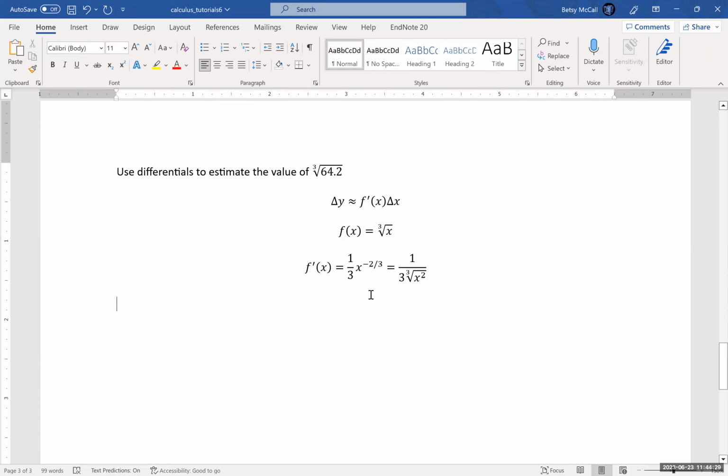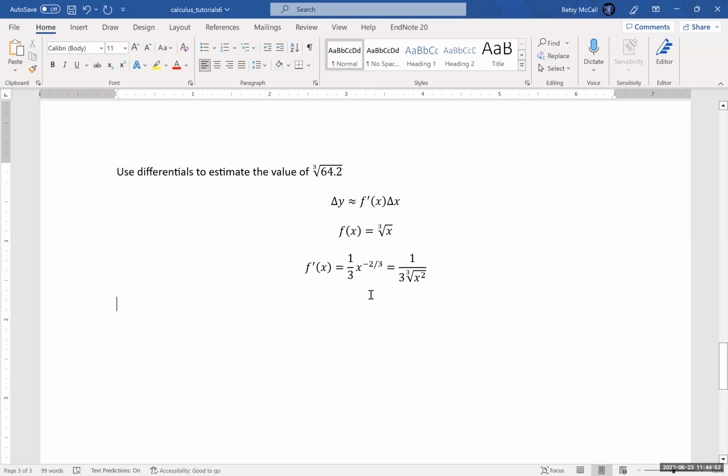But in this case, what we're going to pick is an integer, and we want to pick an integer which is a perfect cube. Ideally, that's what we want, because if we pick something that's not a perfect cube, then we haven't really solved our problem, because we're still dealing with a crazy number.